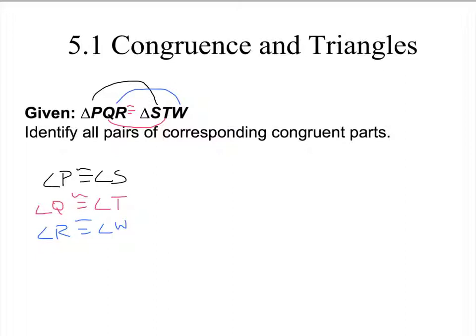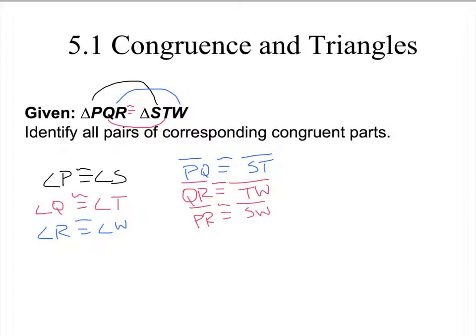Okay, same thing with our sides. We're looking at PQ, which is the first two letters of triangle PQR, which means ST is going to be congruent to that. QR is congruent to TW. They're congruent as well. Last but not least, PR is congruent to SW.